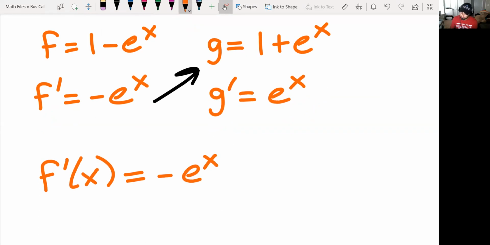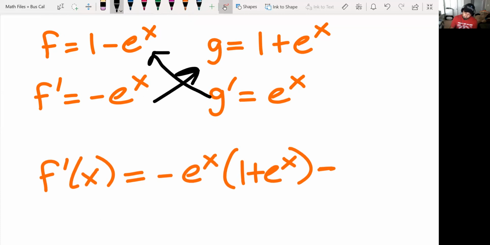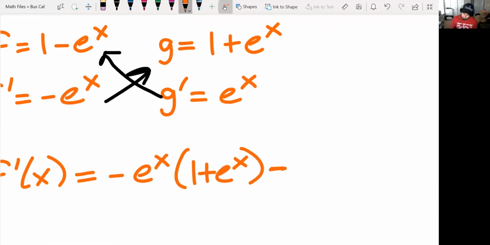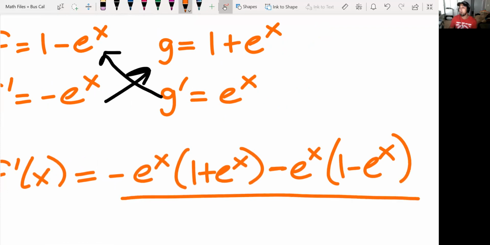Negative e to the x times 1 plus e to the x, minus e to the x times 1 minus e to the x, all over the same denominator, 1 plus e to the x squared.